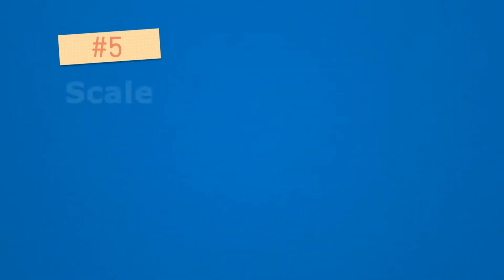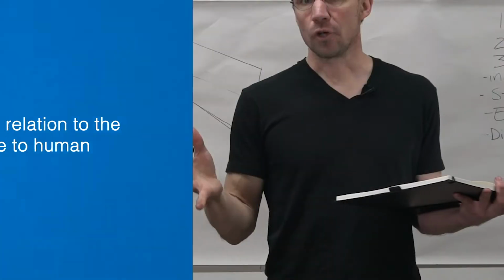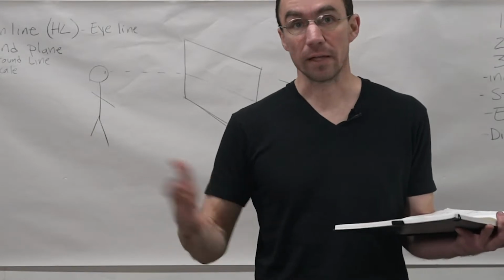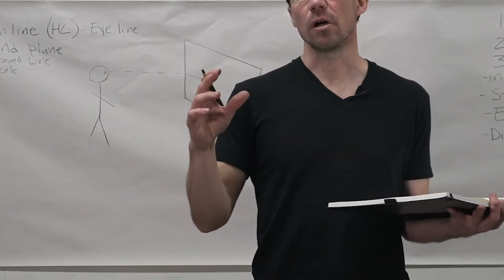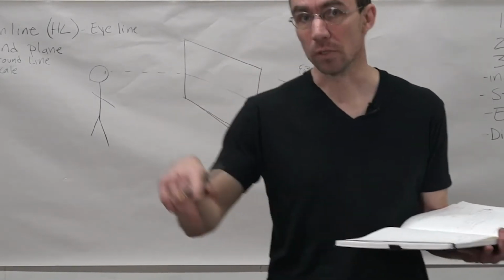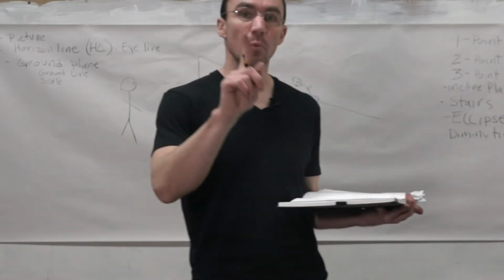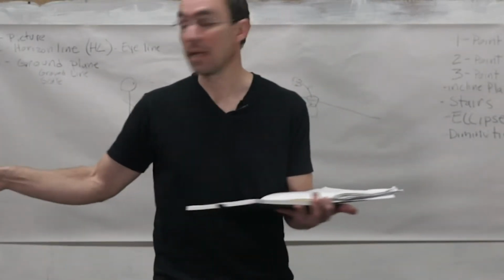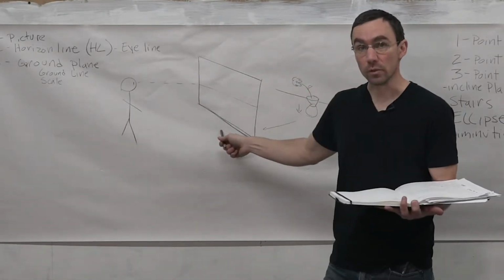Our next term is scale. In a drawing, you can do a drawing to scale, like think about architectural renderings. And the scale would be, for example, 1 inch equals how much in real life? Maybe it's 12 inches. So that would be 1 inch equals 12 inches. It's at that ground line where the scale holds.